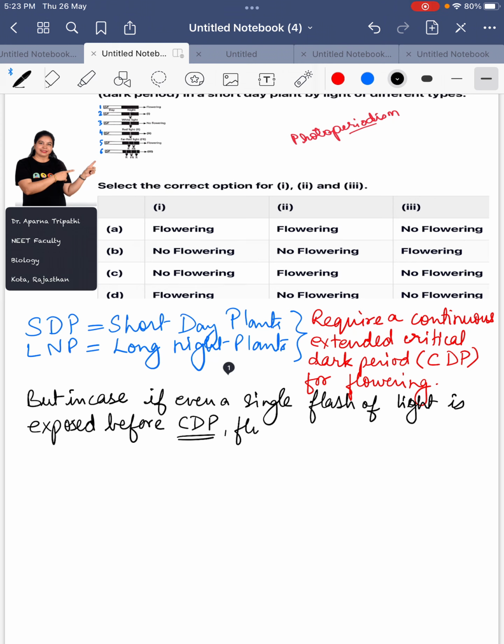Then flowering does not occur. The flowering does not occur.